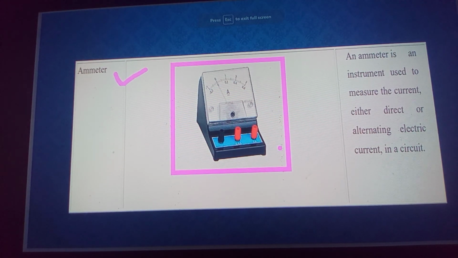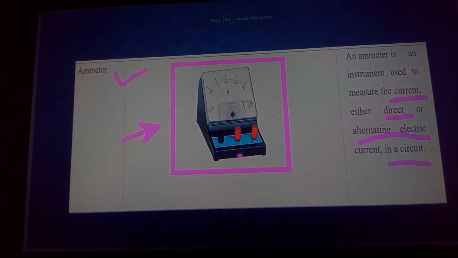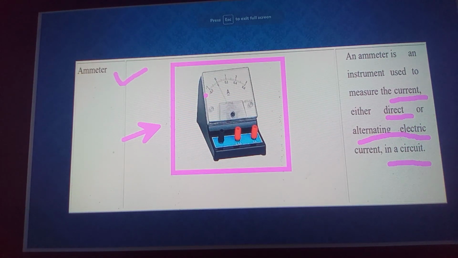And this ammeter can help us to measure the current, either direct or alternating current, which is flowing in a circuit. So that is the use of this instrument, to help us to measure the current which is flowing through the circuit.